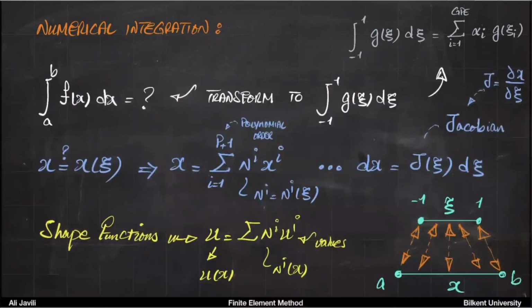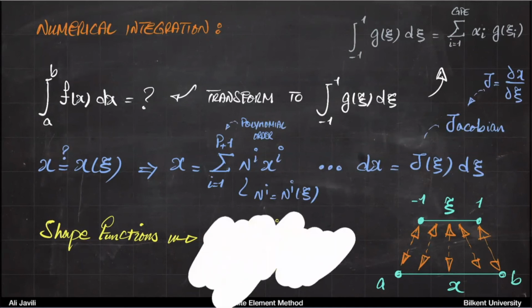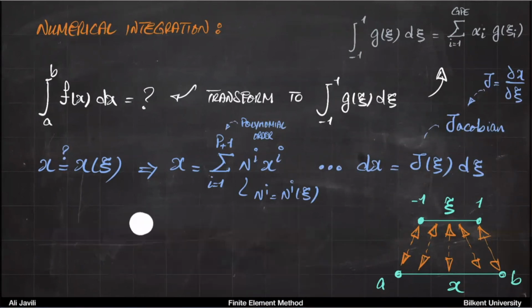So if you do that transformation that we have up there, instead of your integral, which was f of x, previously you had f of x dx.